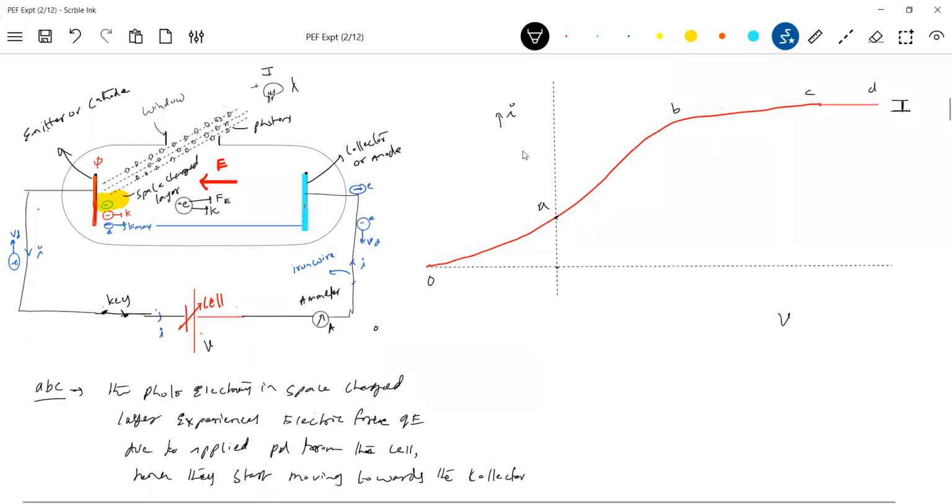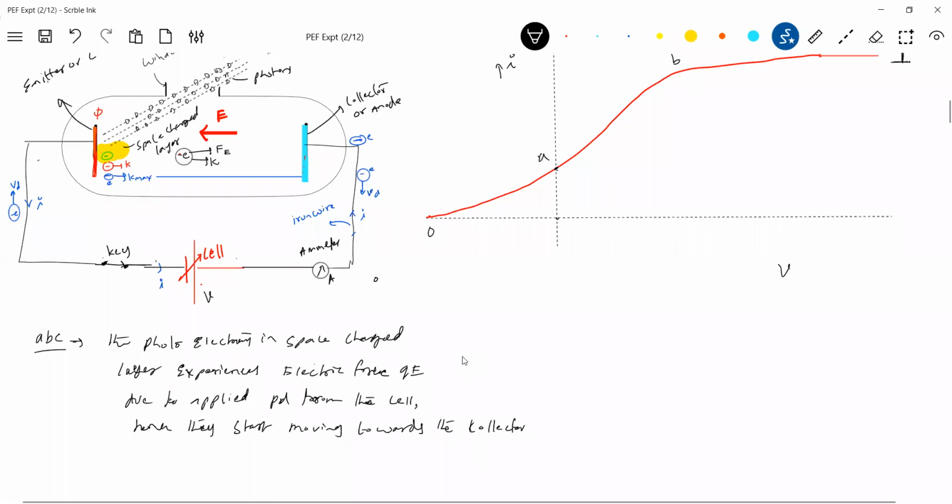So what will happen now? The number of photoelectrons striking the collector increases.